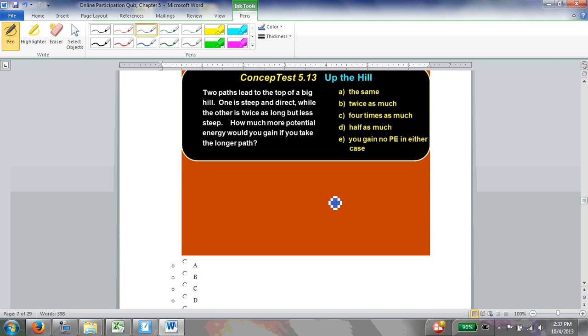All right, two paths lead to the top of a big hill. One is steep and direct, while the other is twice as long but less steep. How much more potential energy would you gain if you take the long path? This goes back to the fact that gravitational force, the force weight, is a conservative force. That means that it conserves energy. What that means is if I go up a mountain, I can take two paths.